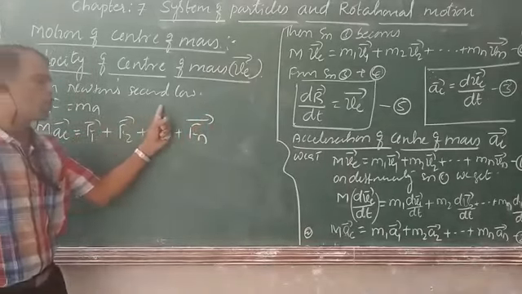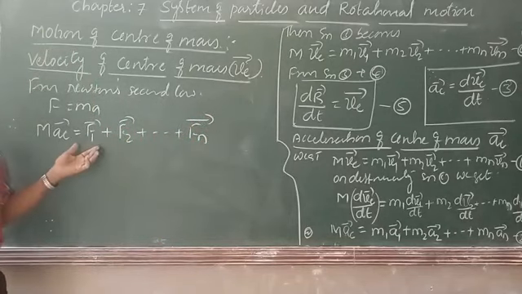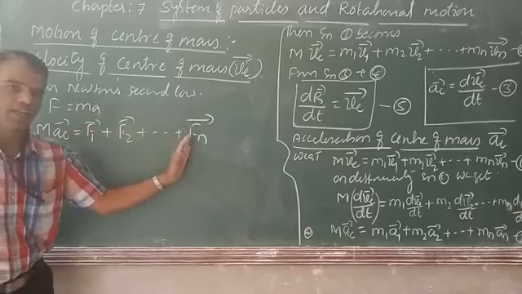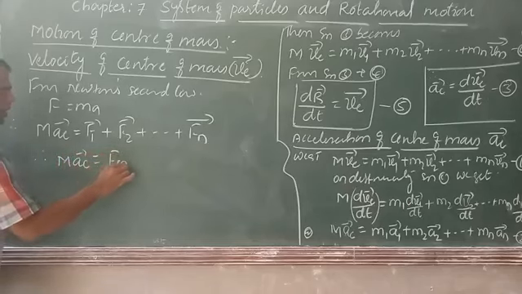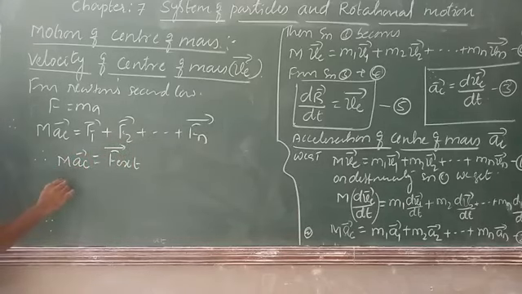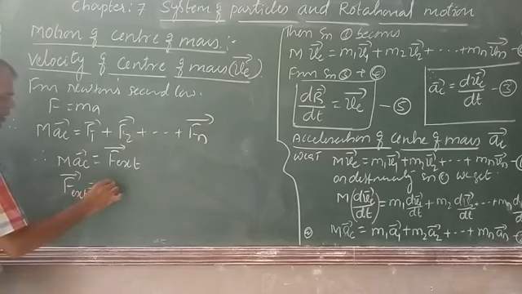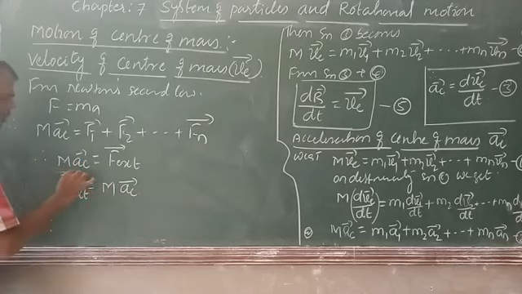So we know that the sum of all these forces which are acting on individual particles can be taken as the total external force. Therefore, MAC is equal to F external. Therefore, the total external force acting on the system of particles is nothing but the product of the mass of all the particles into the acceleration of the system of particles.